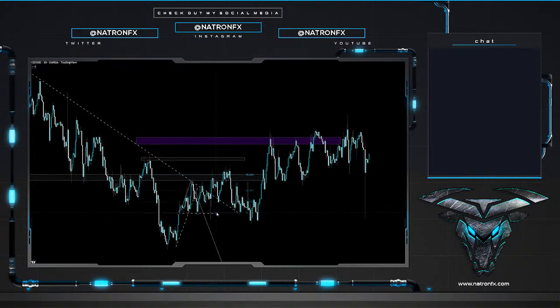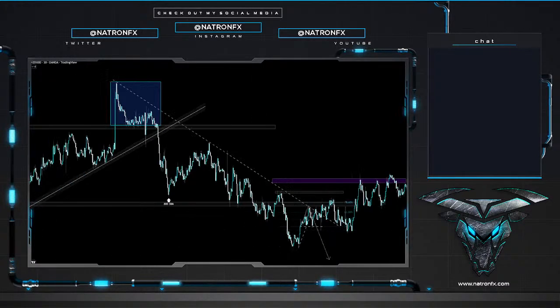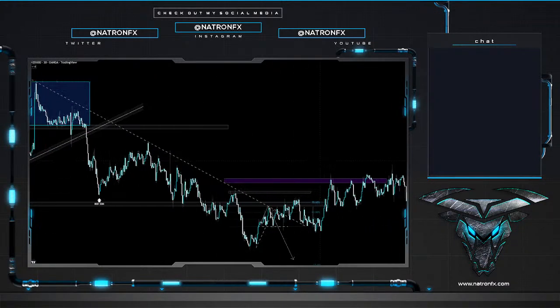And one of our viewers said they had got short around here. And that's about 30 pips. If they did get short around there, they could have got to break even or took some profits. But what we pointed out was there had already been a lot of downside and it kind of looked stretched.